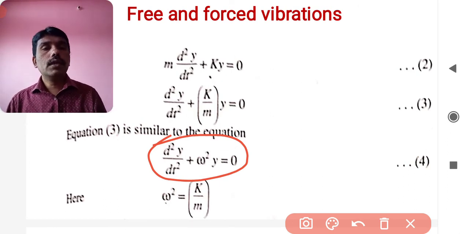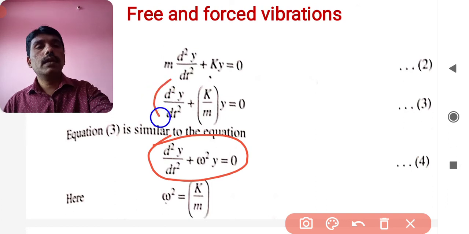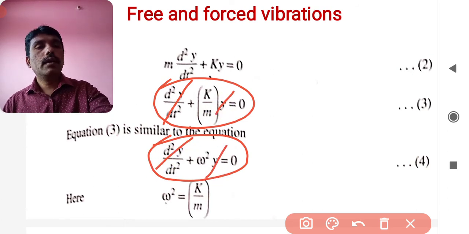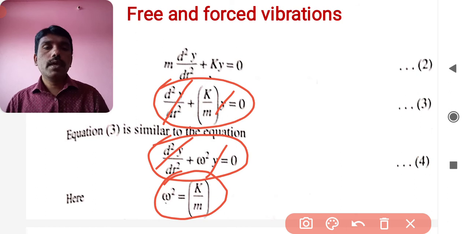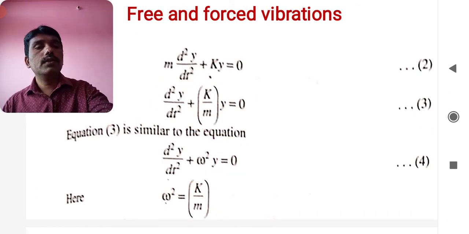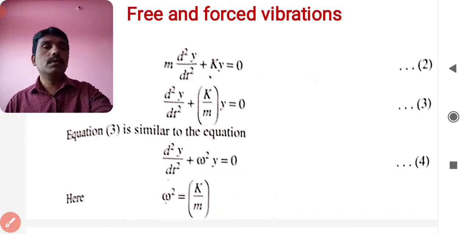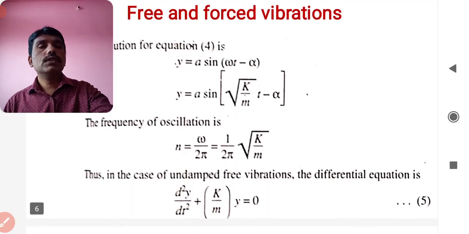And equating this, मग हे जर समजा मी या इक्वेशन सोबत इक्वेट केलं तर काय होईल? इथं d2y by dt square, इथं d2y by dt square, इथं y, इथं y, आता उरलं कोण? k by m आणि इथं ओमेगा स्क्वेअर. म्हणून मला काय लिहिता येते? omega square is equal to k by m, and त्यावरूनच omega is equal to how much? Under root of k by m. So this is what the relationship will be.